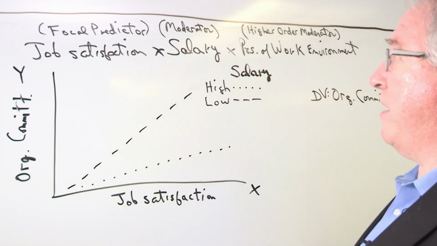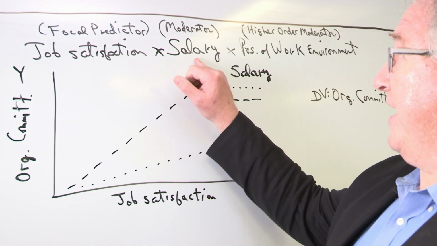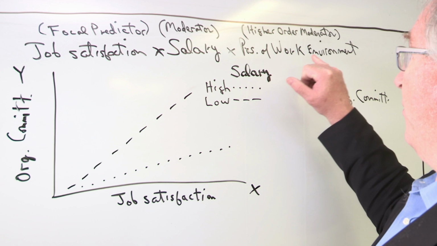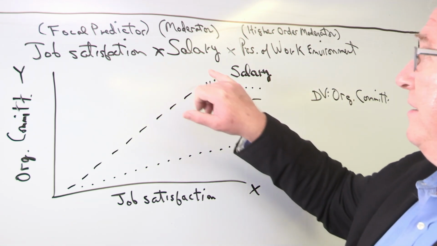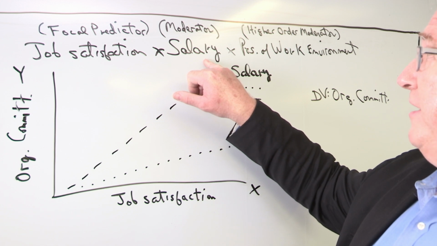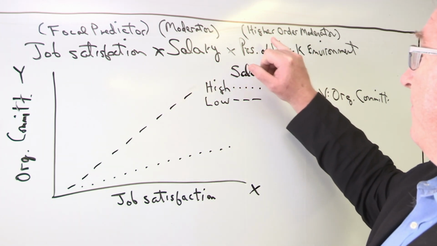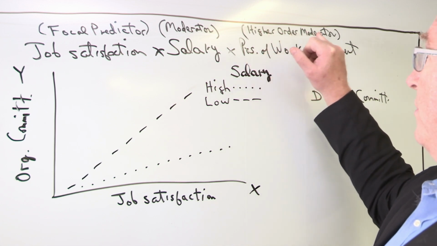Okay, so we have two moderators that are being tested here. Salary and positiveness of the work environment. This is referred to as the moderator, your employee salary. And here, positiveness of the work environment, referred to as the higher order moderator.